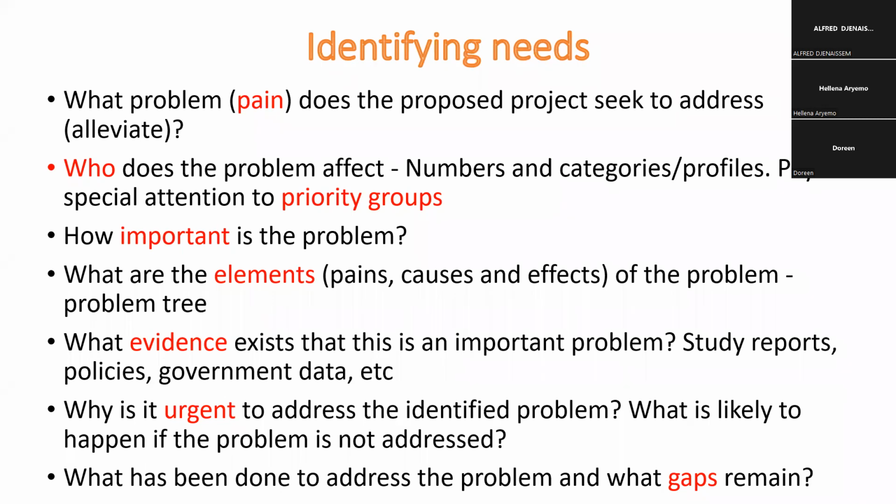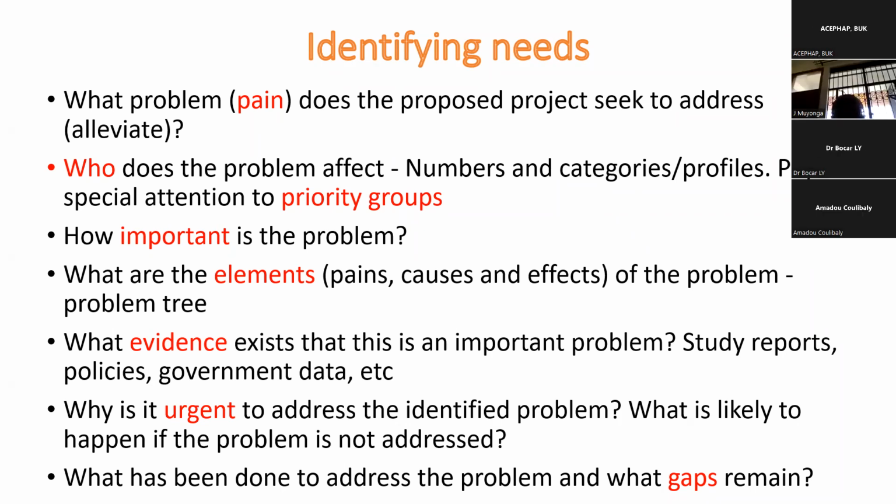Because if there is no pain to alleviate, then maybe your study or your project may not be necessary. Of course, for basic research, sometimes the problem is a knowledge gap, but ultimately, for most proposals, you have got to be able to go down and identify the pain.